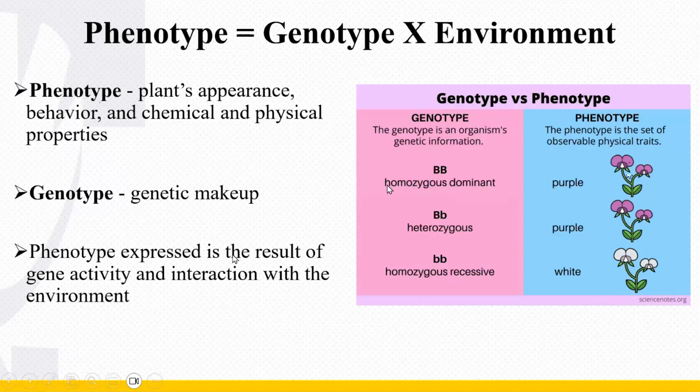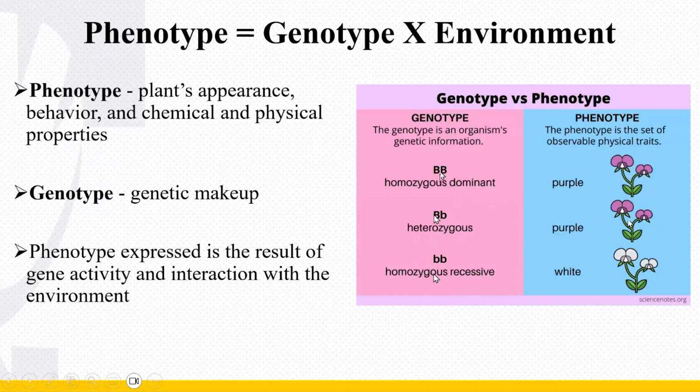So we have homozygous, where both of these are big B, and the big B is dominant. We have heterozygous, where we have big B, little b. The dominant trait will be expressed, but if we were to breed this again with a white flower, a homozygous recessive, we would start to get more of these white flowers again.